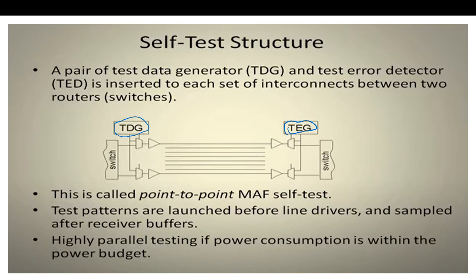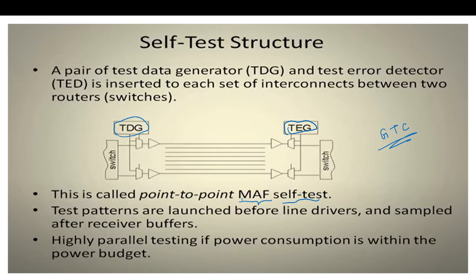We set the TDG and perform the broadcast, and the test error detector reduces. Next we have the GTC, which is the global test controller. This test is called point-to-point MAF self-test.